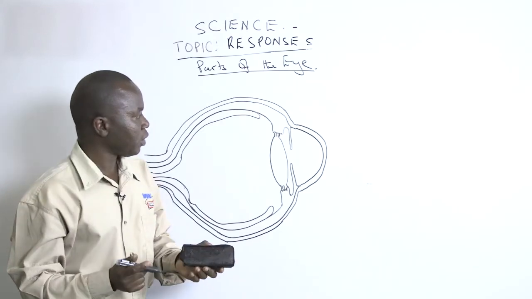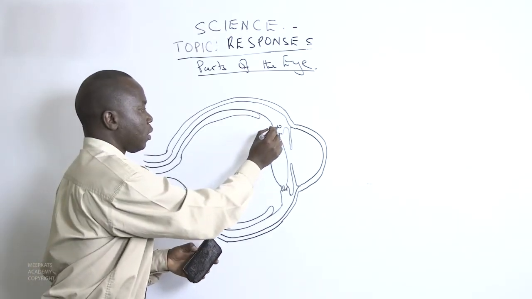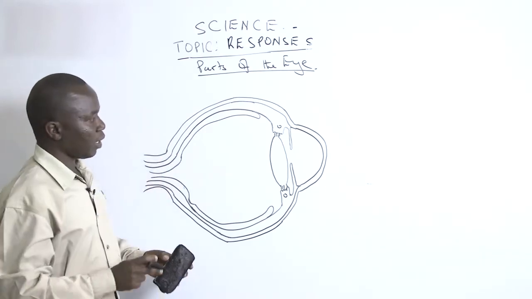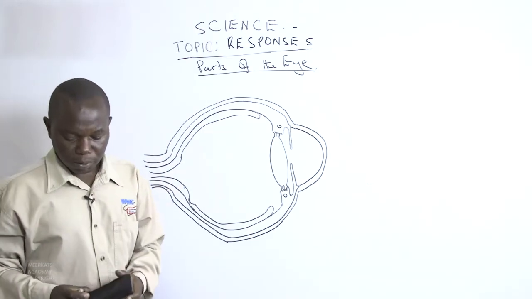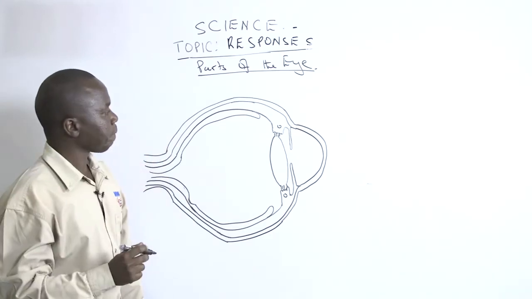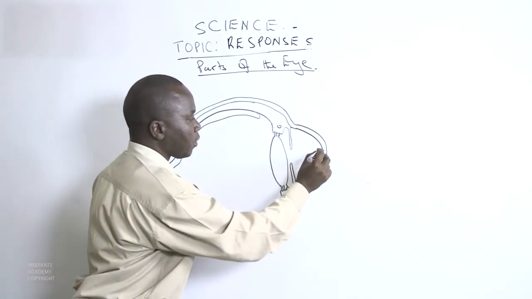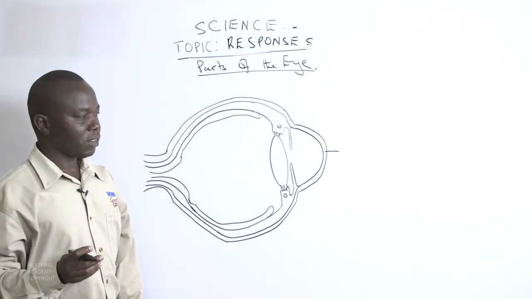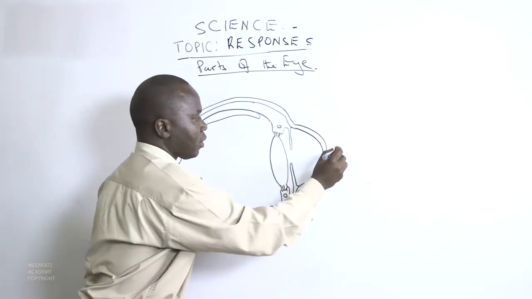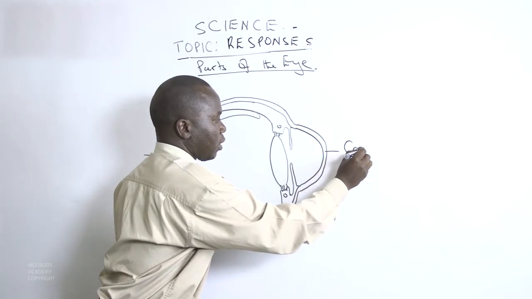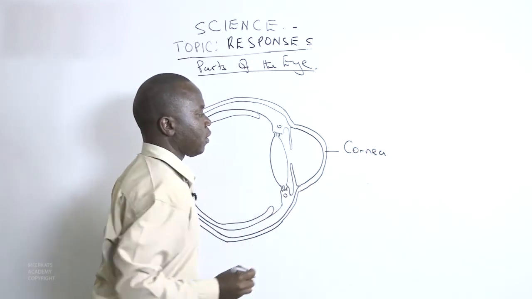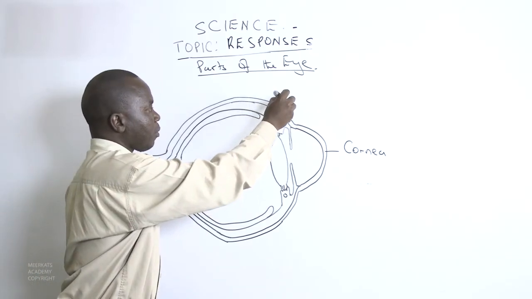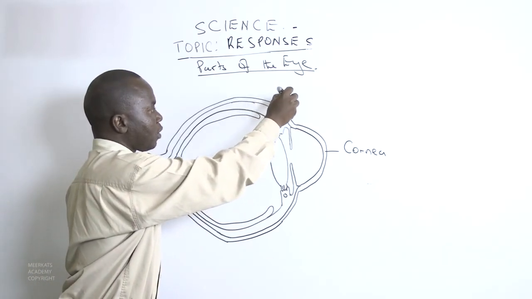So that is the general structure of the eye. We shall label those parts together. That transparent curved layer is called the cornea. And remember, it also has an eyelid.